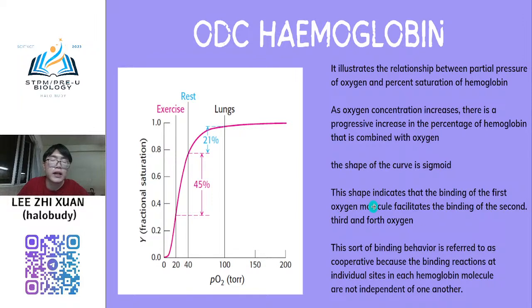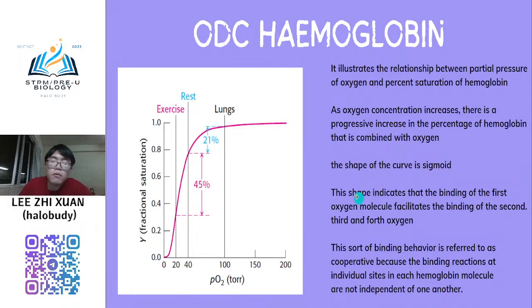This one I think I already told you last week. Do you still remember the structure of hemoglobin? It contains 4 polypeptide chains, right? Each polypeptide chain contains one heme group, and each oxygen molecule binds to each heme group. So one hemoglobin has 4 oxygen molecules to bind.